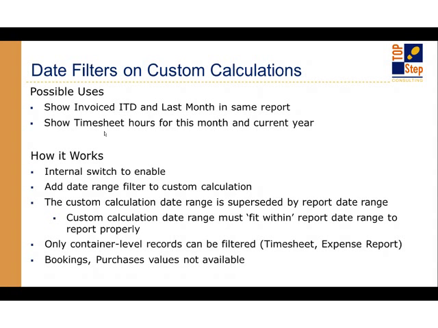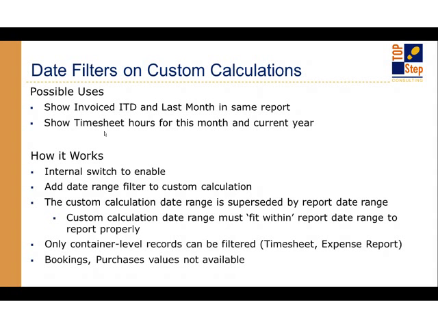So if your custom calculation is a monthly filter, but your report is a weekly filter, then your custom calculation is going to be basically cropped by the report date range, which is weekly because it's smaller. It doesn't have the ability to say within one column, show me the monthly value, and then separately show me the weekly value within one column.